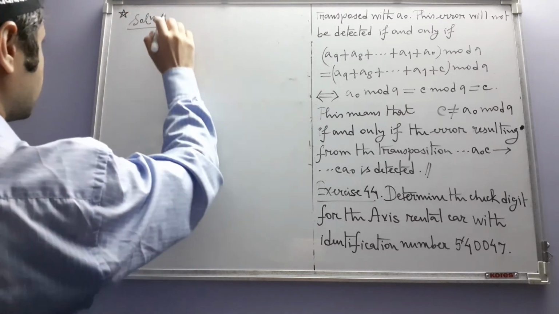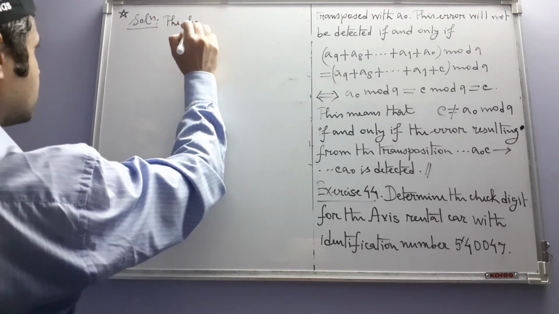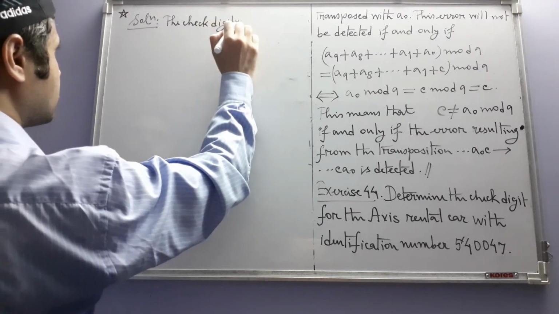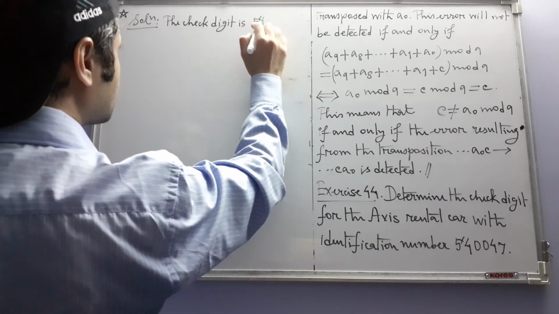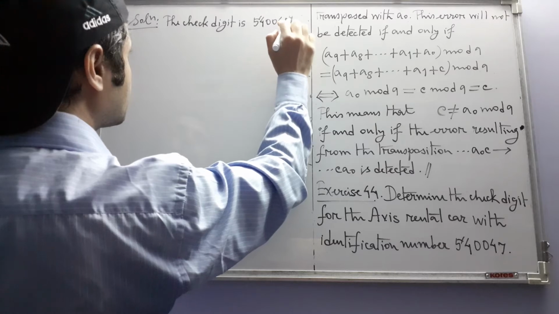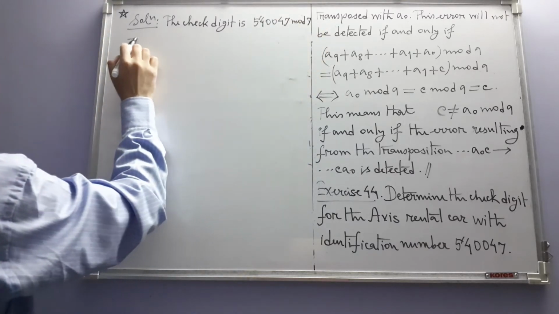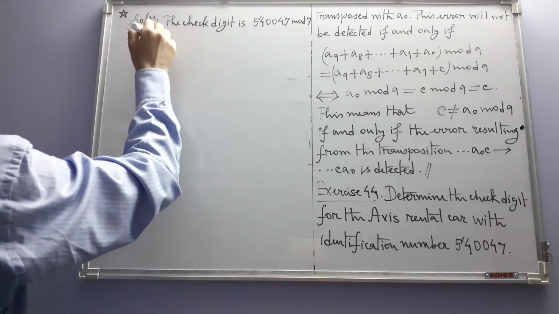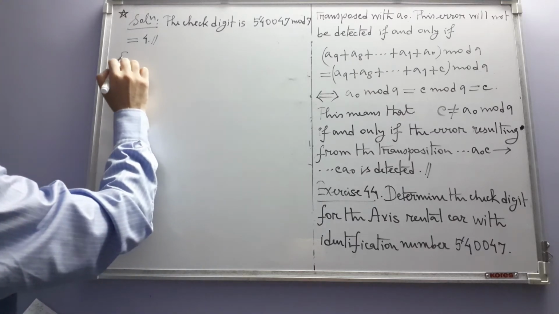Pretty straightforward. Mod 7, and it turns out to be equal to 4. So that's just it.